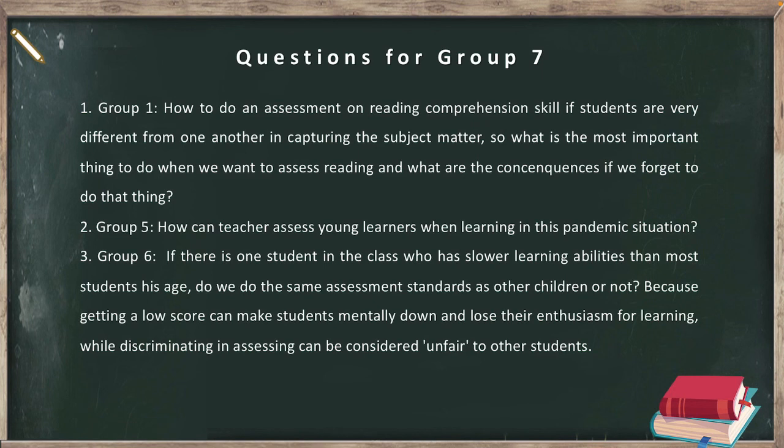And question number 2 from group 5. How can teachers assess young learners when learning in this pandemic situation? In the pandemic era, there are differences compared to normal schools.